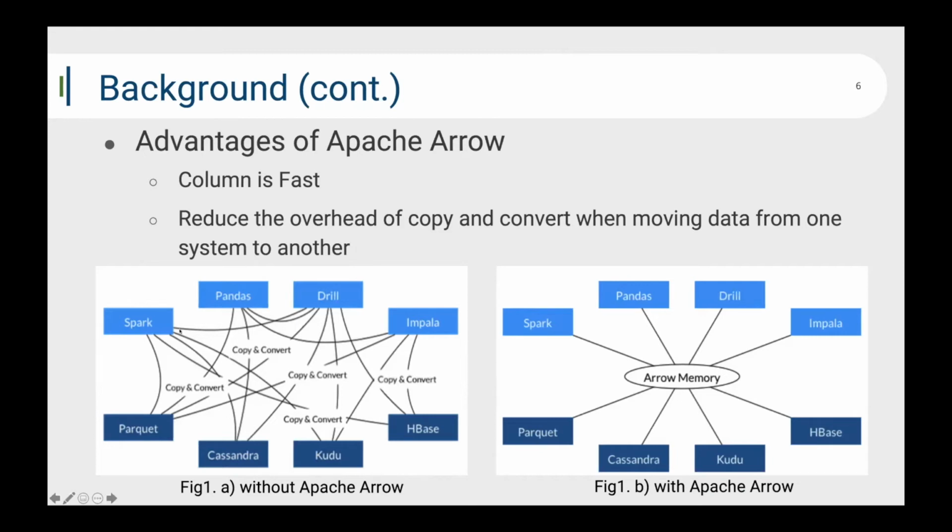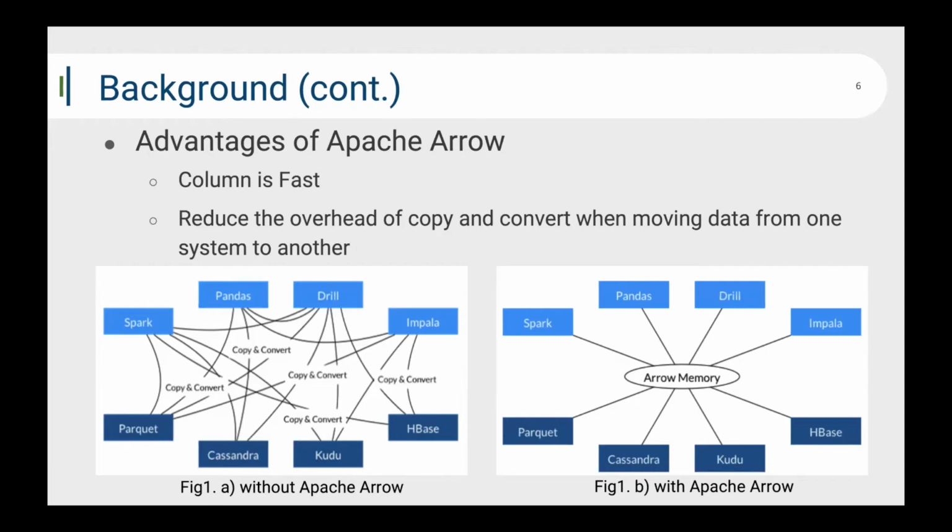to another. As these two figures show, without Apache Arrow, when different applications want to exchange data, they need to copy and convert the data into their own structure and then perform computing analysis, because each application may have its own data representation structure.